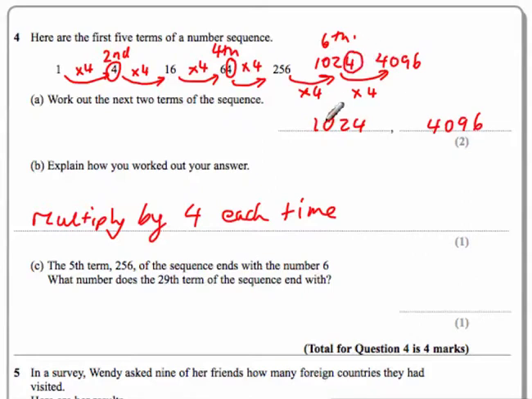Right, and this is the third term, this one's the fifth term, and this one's the seventh term. And if you look at all these odd terms, they all end in 6, 6, 6. Now, if you look at the 29th term, that's an odd term, isn't it? So that must mean that just like these, they must end in 6.